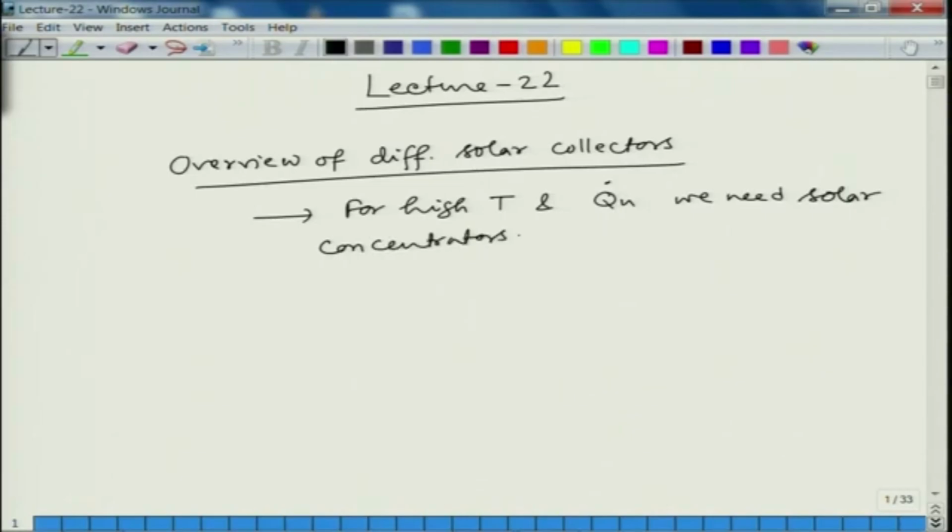A simple flat plate collector will not give you that amount of high temperature or high heat capacity.